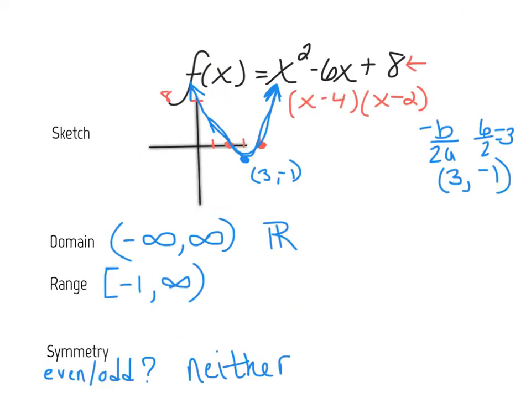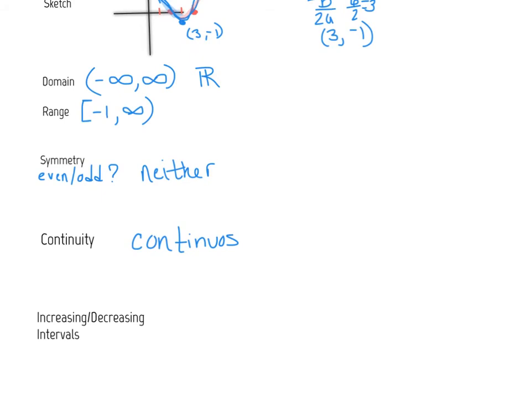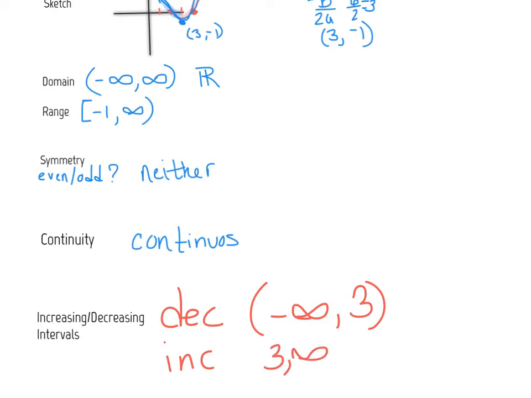As I look at this, it would be decreasing from left to right until it hits the vertex, and then it's going to increase to the right. So I'm going to write this as decreasing first, decreasing on the interval from negative infinity to 3. And then it switches direction and begins to increase from 3 to positive infinity.